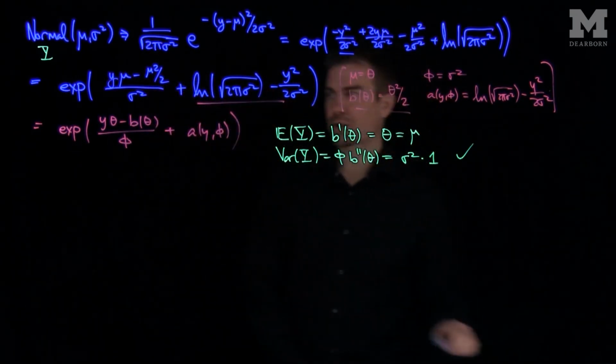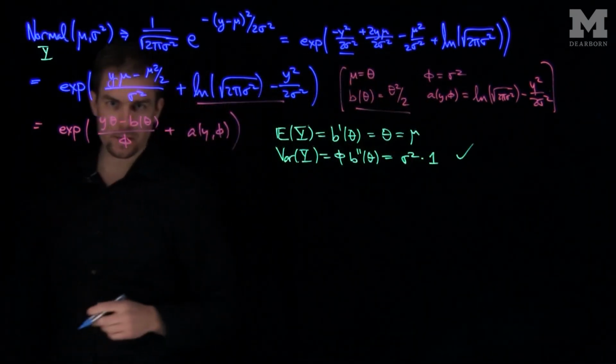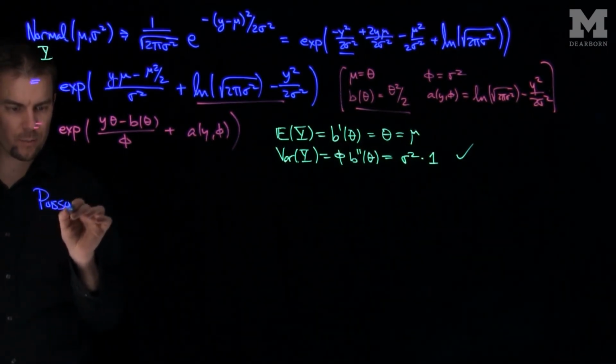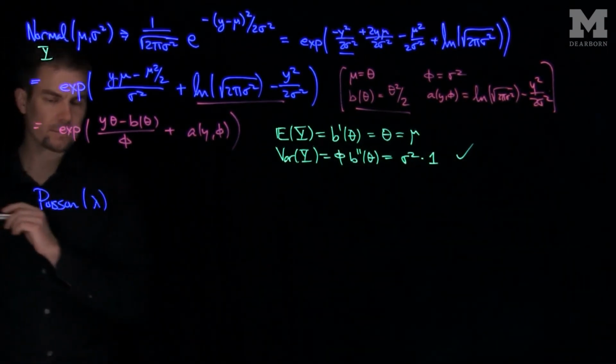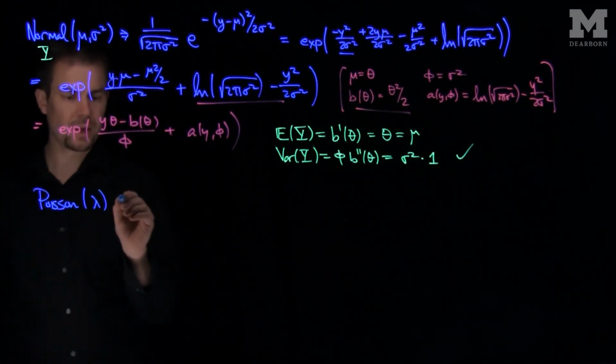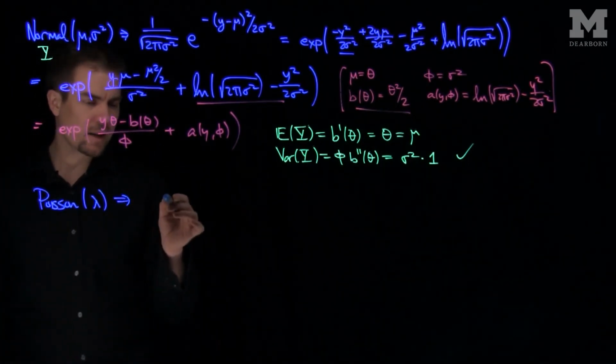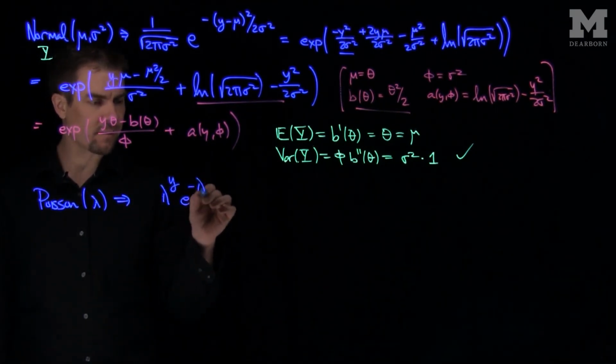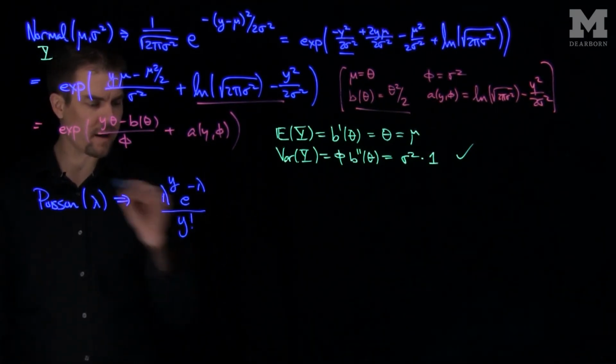Let's see that a discrete distribution can also be put into the linear exponential family. Let's consider the Poisson distribution, Poisson lambda. And so of course, what's the PDF of a Poisson lambda? It'll be lambda to the y, and then I have an e to the negative lambda over y factorial.